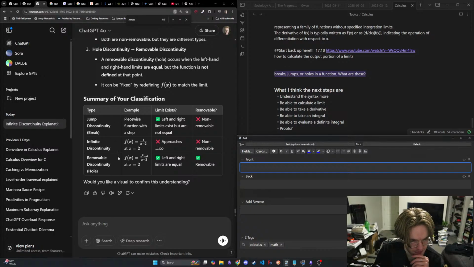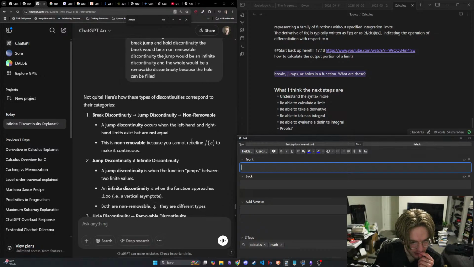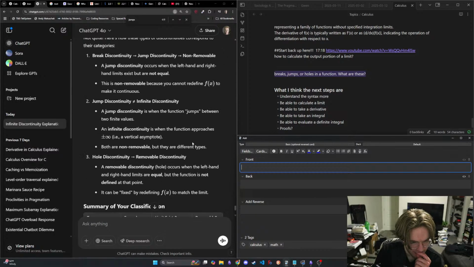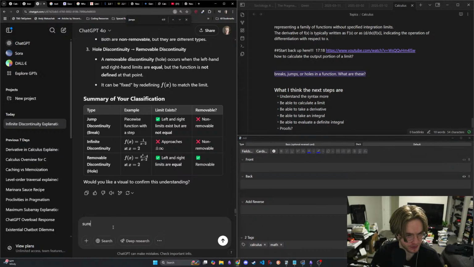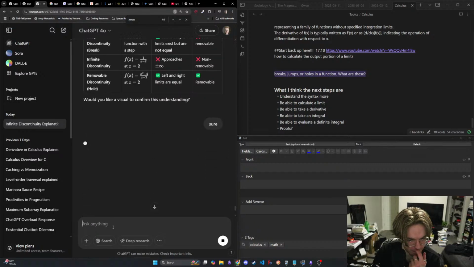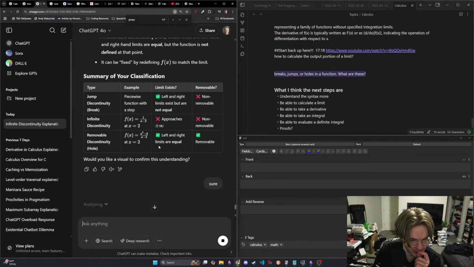Okay, so it looks like the jump and break seem to be similar, or the same thing, maybe. Yeah. So the removable one is the hole. Jumps and breaks are the same, it seems.